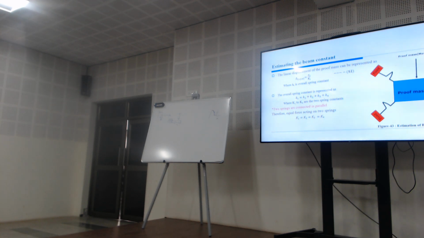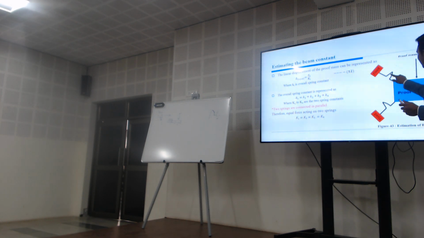This is another type of suspension beam structure. Here we have four suspension beams and 1 proof mass. In which direction will it move? Anyone? Can it move in the X direction? Possible?